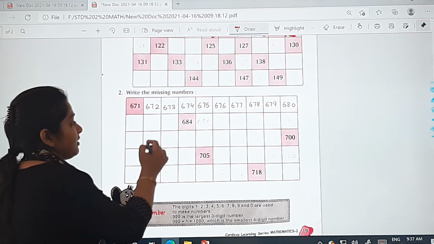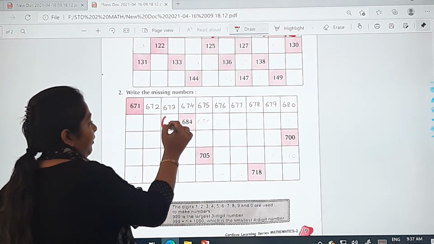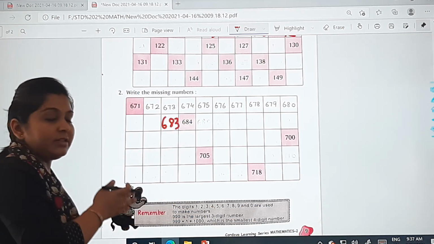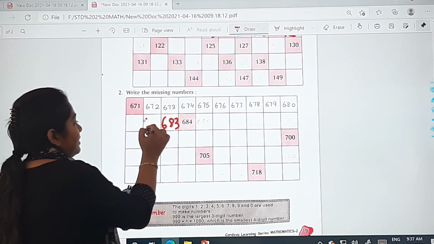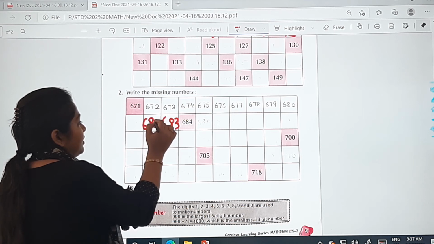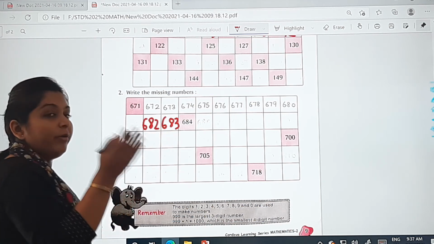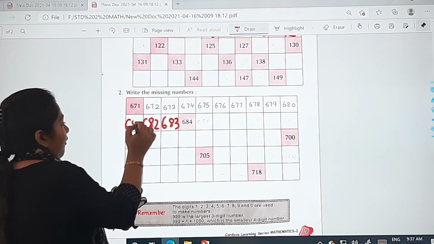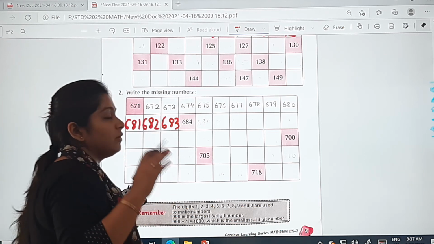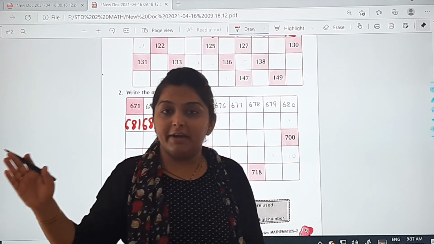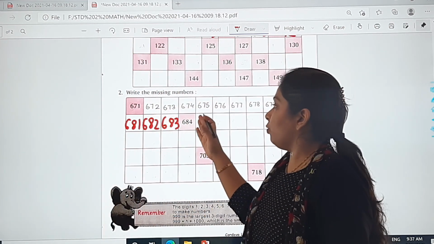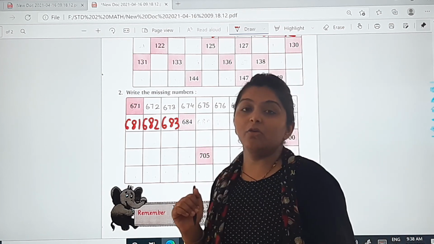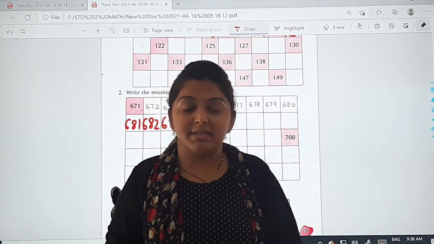So before 684, it will come 683. Before 683, 682. Before 682, it will come 681. So you will start with 681, 82, 83, 84 and then go on. In the same way you will complete this exercise as well.